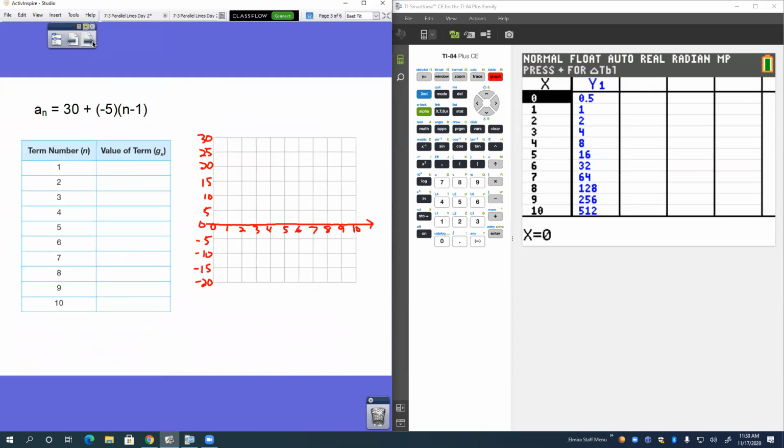So go ahead and try this one, please. All right, this is our last example. Try typing it into the calculator, finding your values, and then try just to sketch that graph.